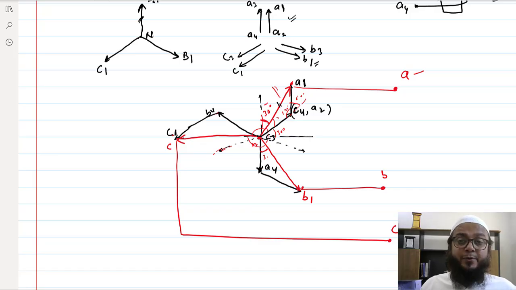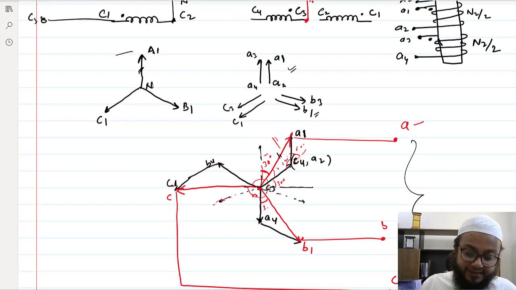So if I plot the line voltages here, the line voltage AB would be at 30 degrees to the line voltage of the primary side as well.